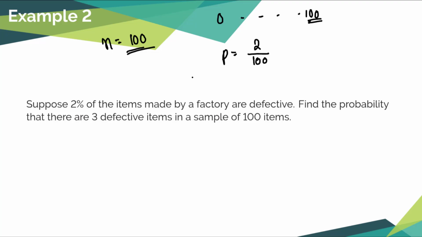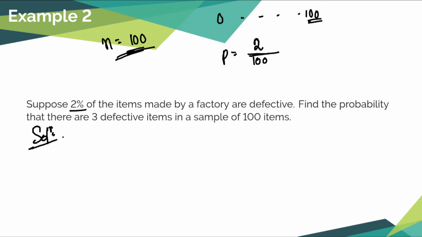That means the probability of getting a defective item is 2 over 100, right? Now 2 over 100 is a very negligible value, right? So p is very small and n is very large. So this leads to Poisson distribution.